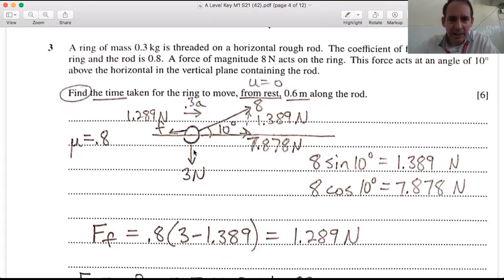That is the force pushing up by the rod onto the ring itself. So I didn't draw that in, but there is a normal contact force acting against the ring here. Then going this way, which is the part of the force pulling the ring along the rod, 8 times cosine of 10 degrees gives us 7.878 newtons to the right.